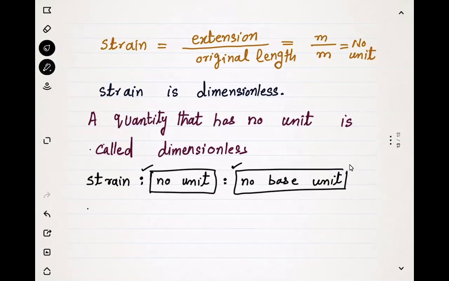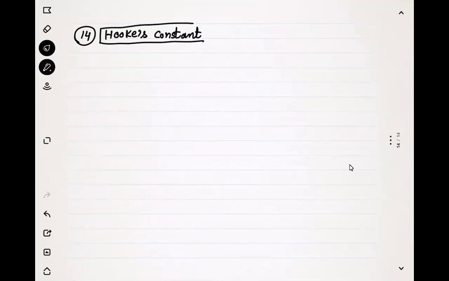Number 14 and 15 are the quantities that we have to study in detail. They're very important and very conceptual. Number 14 is Hooke's constant. At your level of physics, sometimes instead of focusing on the concept, we focus on the understanding.